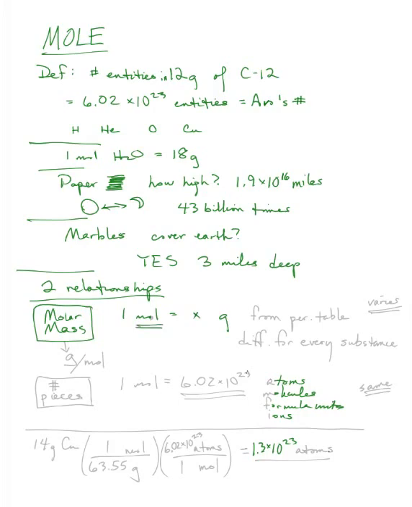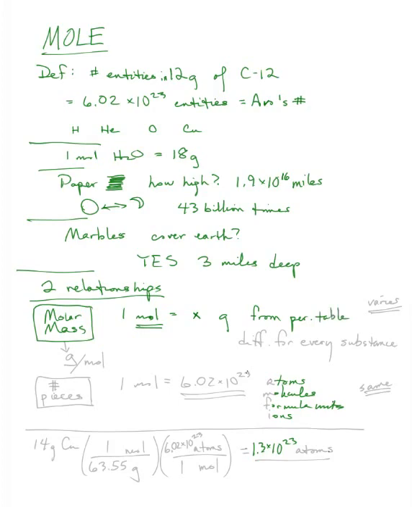You can't use M because that's meters, and so unfortunately we're stuck with an abbreviation that's only one letter shorter than our actual name. But oh well, that's what we've got. So back to molar mass. 1 mole is however many grams. I just put X grams because it varies. We just look at the periodic table and add up the masses that are listed.